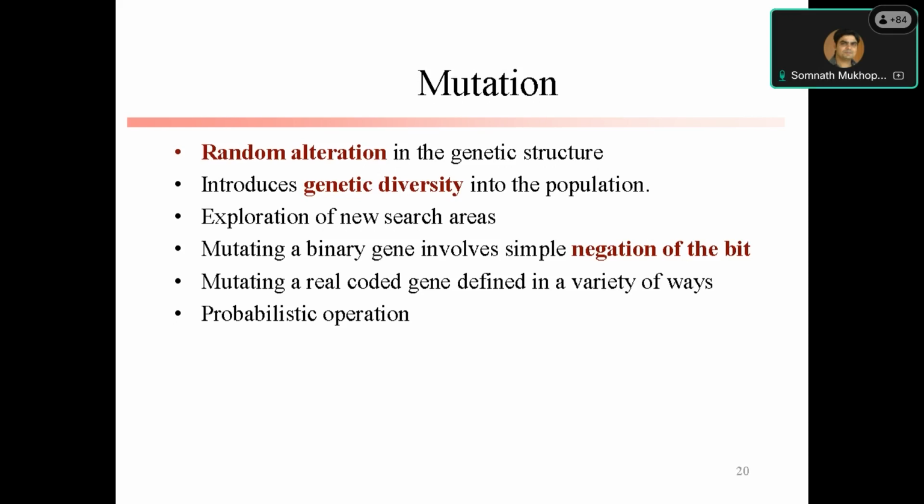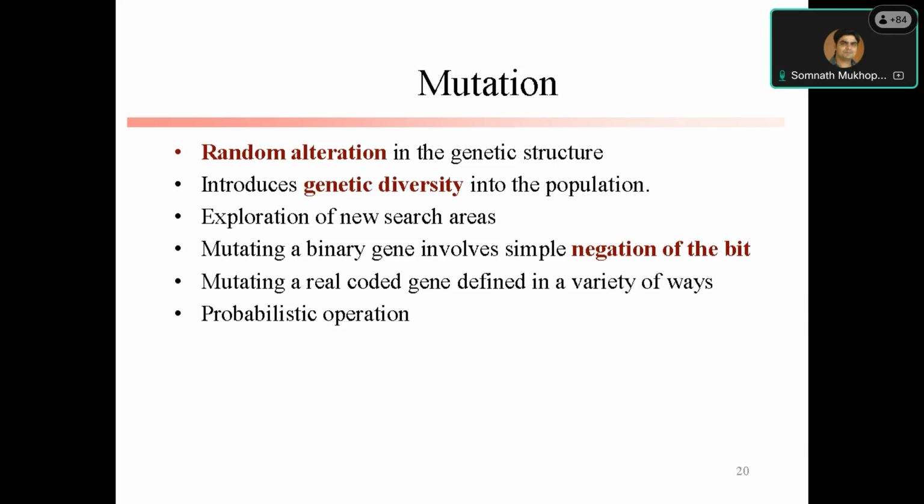So mutation is a very, very powerful operator. Even in today's research, when we hybridize, suppose, a genetic algorithm with particle swarm optimization, we always consider mutation as a powerful tool for exploration.